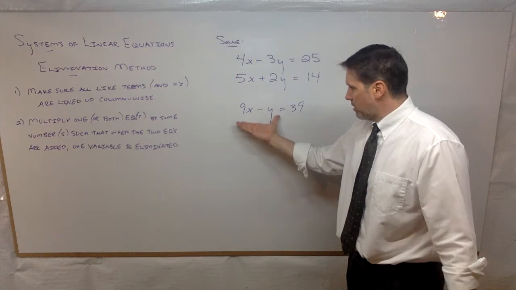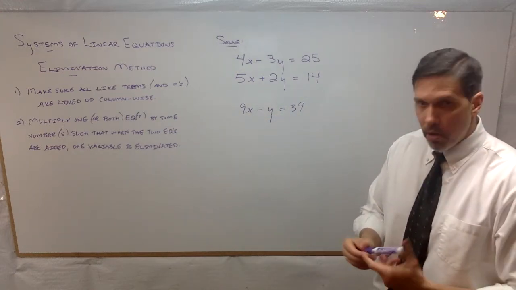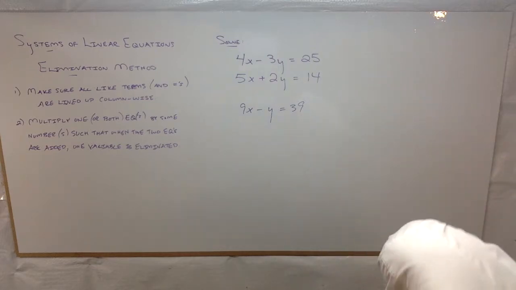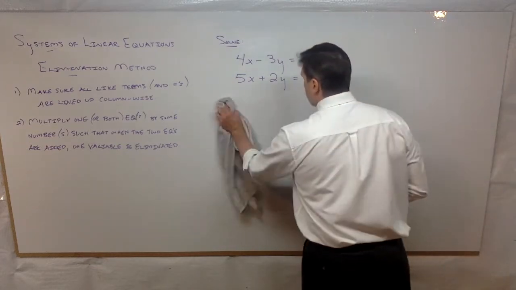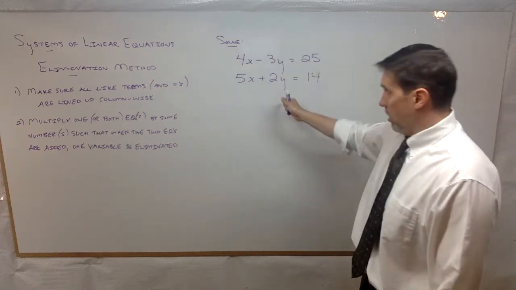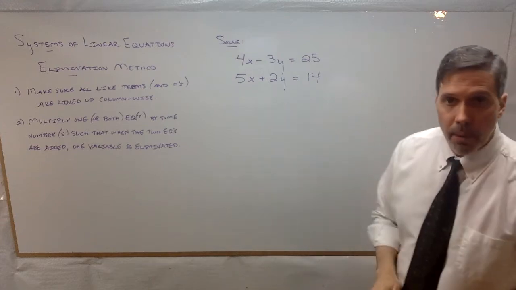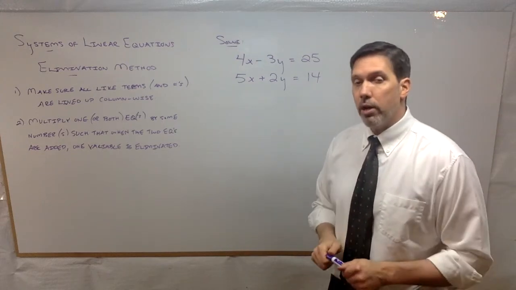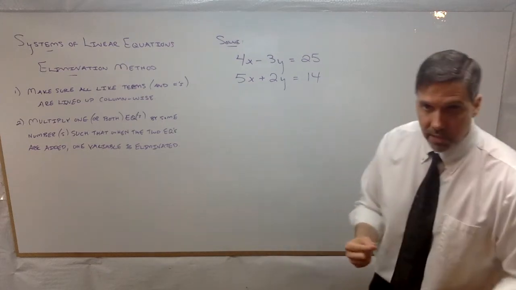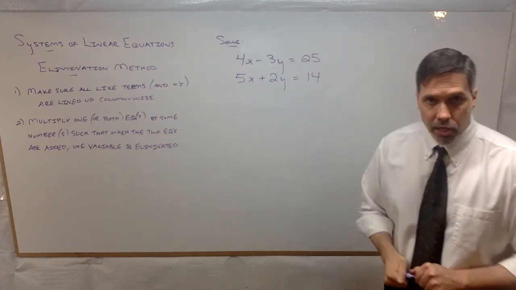The idea is I don't want a third equation that has two variables to it. So we're going to be a little bit more clever about this. The idea is, yeah, we're going to add these two equations together, x's for x's, y's for y's, and constants for constants, and come up with a new equation. But that new equation is going to have one of the two variables missing, either the x or the y. And we're going to make that happen through what's called the elimination method.